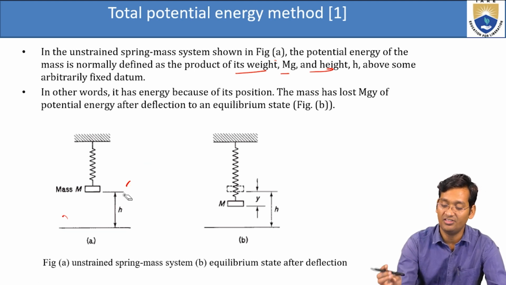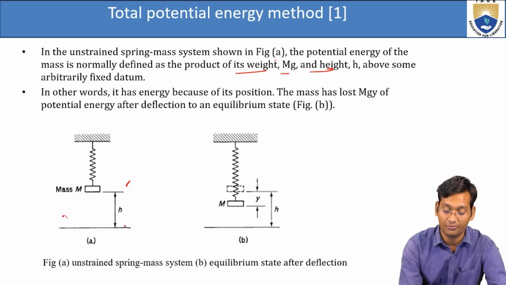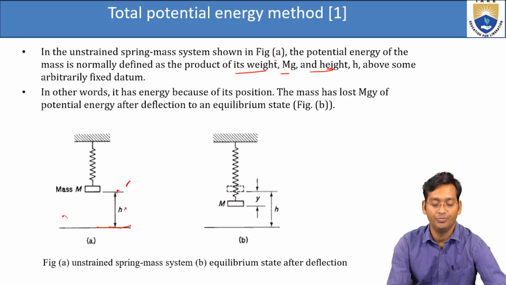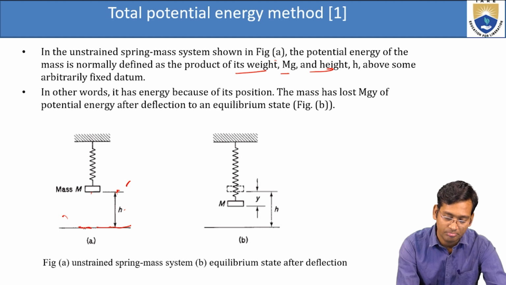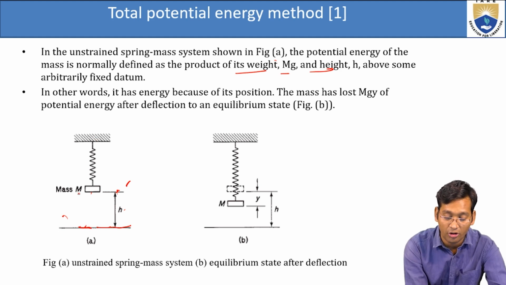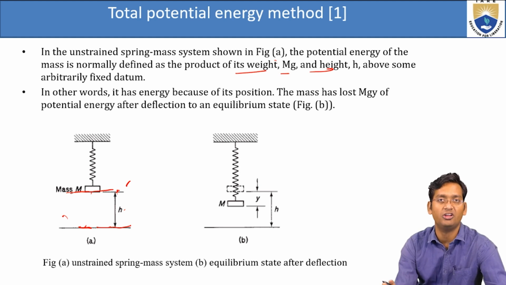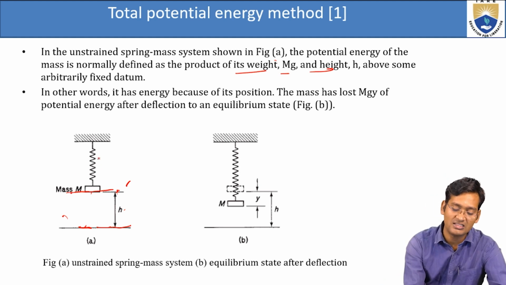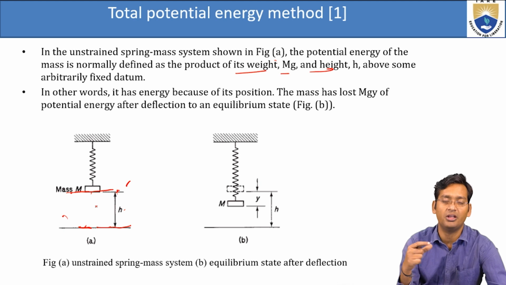Now when it is strained, above some arbitrarily fixed datum, this is the datum point, and the mass is at some certain height H from the datum. If the mass is just at the datum itself, then in this case the potential energy will be 0. So the system must be at some certain height.